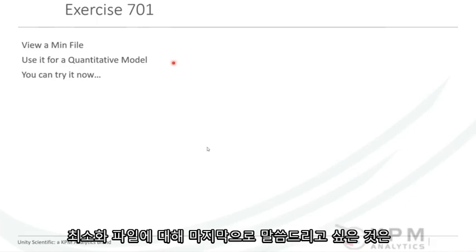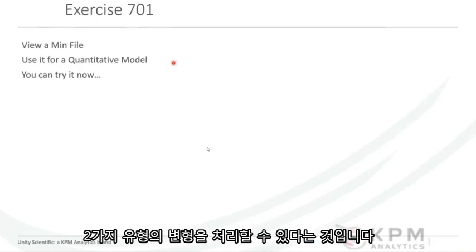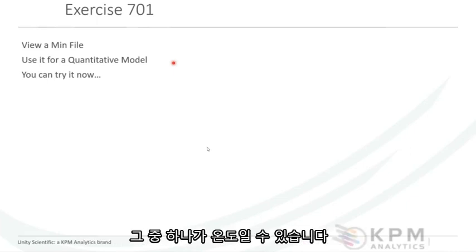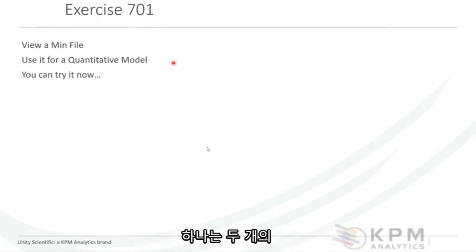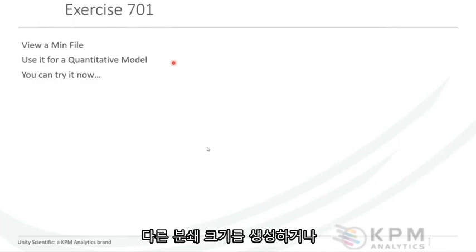The last thing I want to say about minimization files is that you could have two types of variation that you're dealing with. One of them might be temperature. One might be that you've got two different sample mills, and they produce slightly different grind sizes, for example.